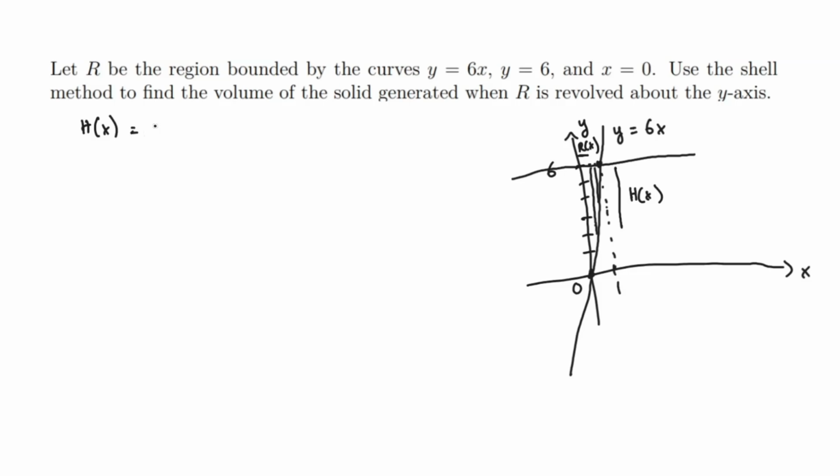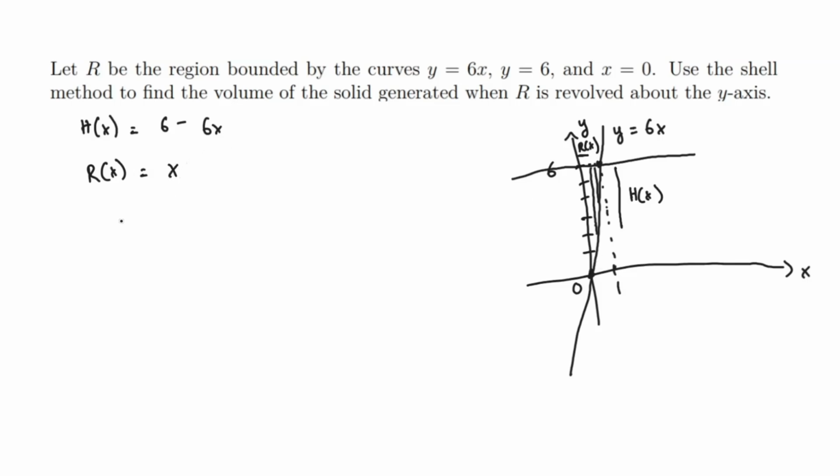What is h of x equal to? This line is equal to 6 minus the function y equals 6x, so 6 minus 6x. And r of x is x.